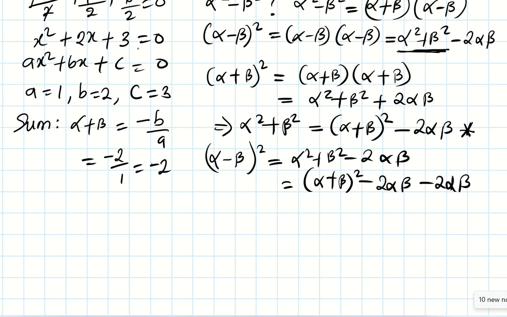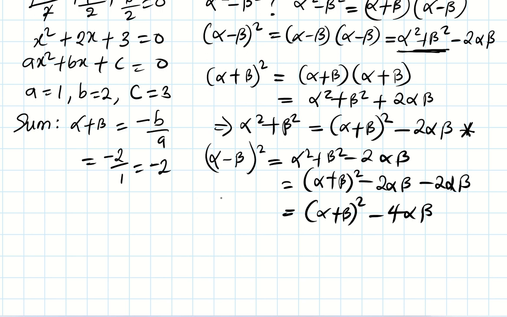So this is now equal to (alpha plus beta)² − 4 alpha beta. So we have (alpha minus beta)² equal to this.